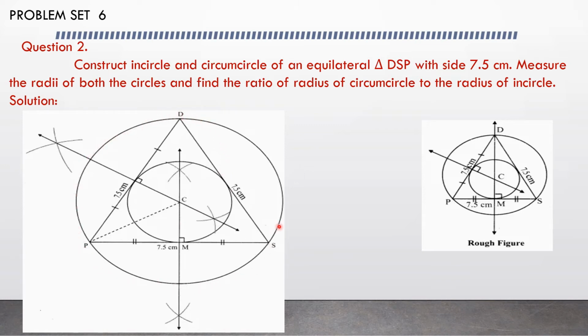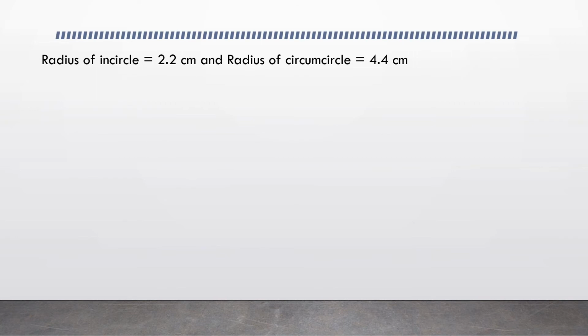In the case of the circumcircle, CP is the radius of the circle. Measure the length of radius CP and measure the length of the radius CM. Radius of incircle is equal to 2.2 centimeter and radius of circumcircle is equal to 4.4 centimeter.